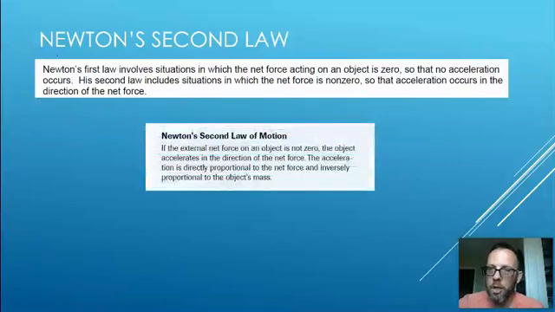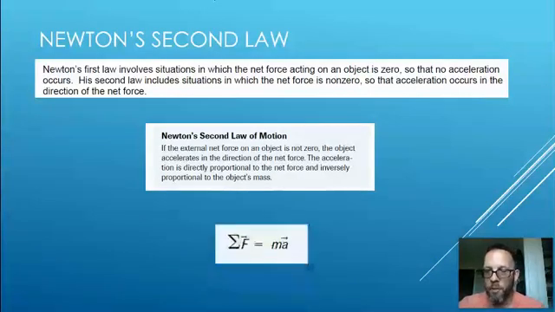You would have spent some time in your grade 11 course verifying this is true. If you have some external net force on an object that's not zero, the object will accelerate in the direction of that force, and the acceleration is directly proportional to the net force and inversely proportional to the object's mass.